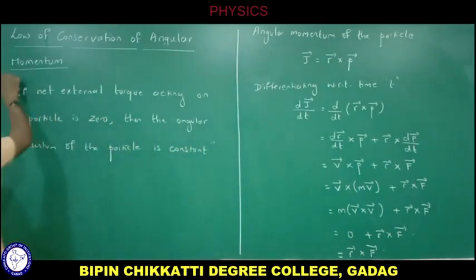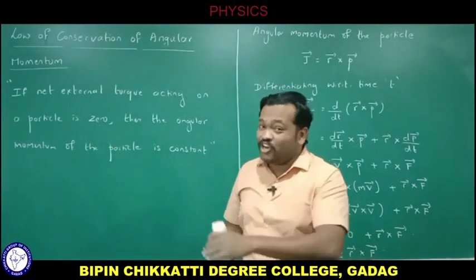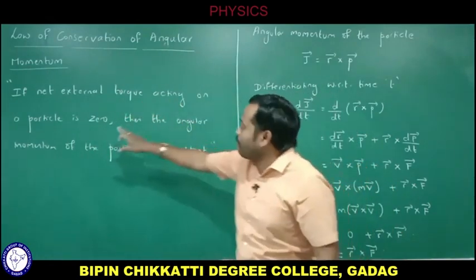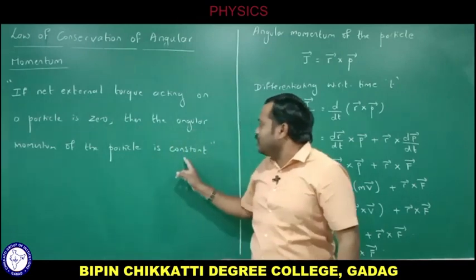So this is the law, right? What is the law of conservation of angular momentum? When is angular momentum conserved? Angular momentum is conserved if net external torque acting on a particle is 0, right? If torque acting on a particle is 0, then angular momentum is constant, right?